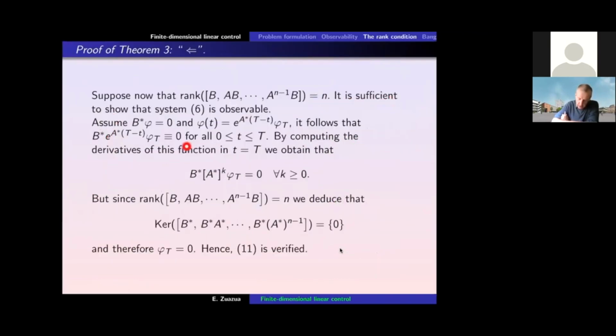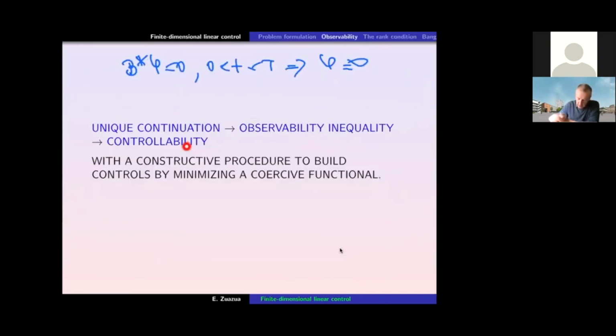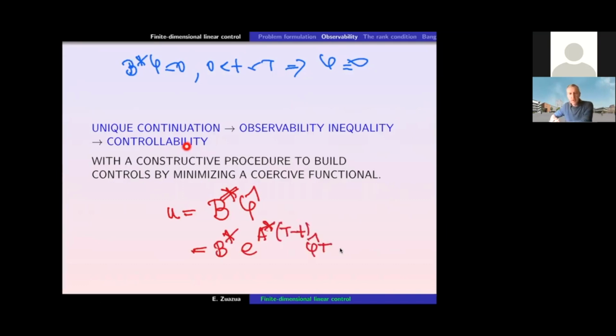They were given by the final characterization we got of the control, which was B star phi hat, and phi hat was the solution of the adjoint system out of the minimizer phi T hat of the functional J, right? So this is a very nice control. It's a very smooth function, right?